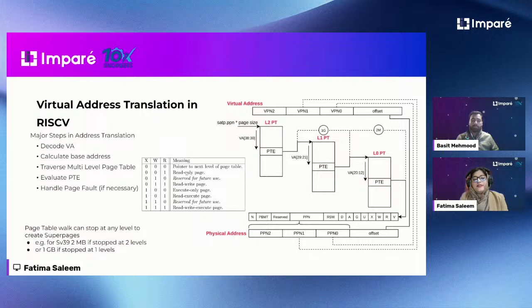So the MMU will check these bits. If they are all zeros, then it will take this PTE, use its PPN, multiply it by the page size, and find the next page table base. And for this level 1, we will take VPN 1 and index into the next page table, and we will repeat the process, right?